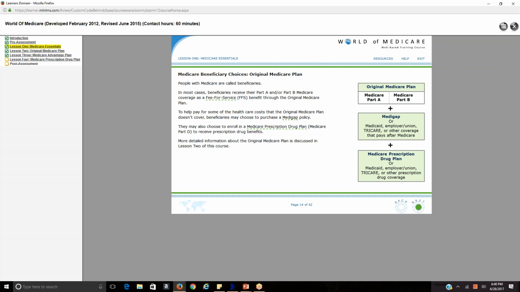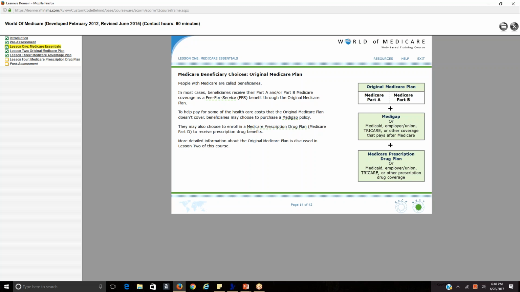They will elect to take Medicare Part B, which is a monthly premium. Medicare Part A does not have monthly premiums if you're eligible. Medicare Part B will have a monthly premium.